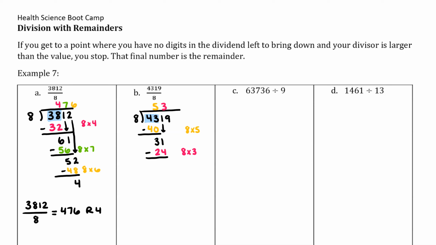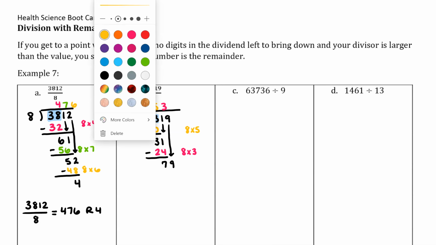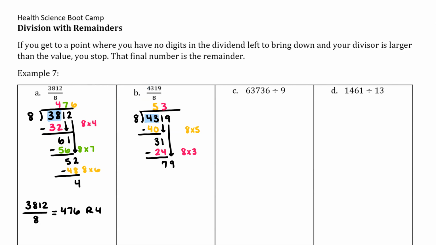So 31 take away 24 is 7, and that's not our remainder because we still have another digit to bring down. So I bring down the 9, and I say, okay, what can I times 8 by to get close to 79? Well, I know 8 times 10 is 80, so that's too big.